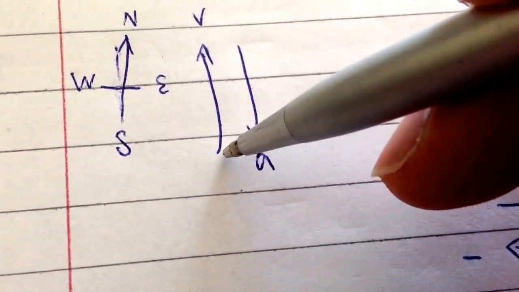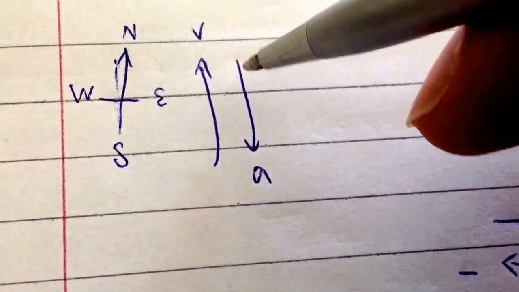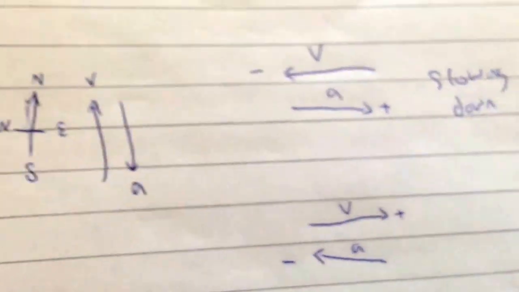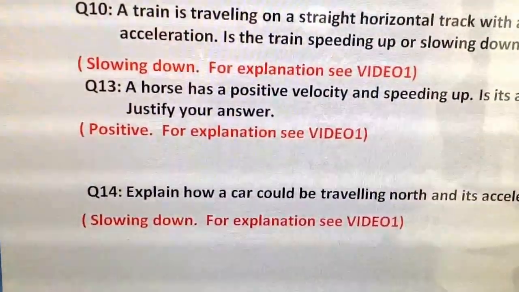So if the velocity of the car is travelling north and the acceleration is south, then it must be slowing down, because they're opposite.